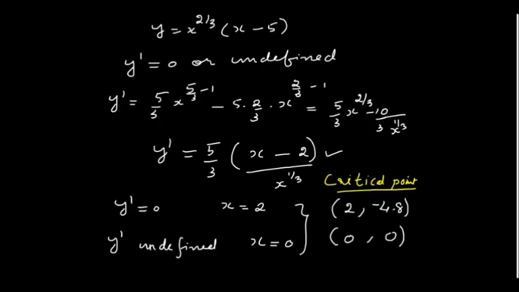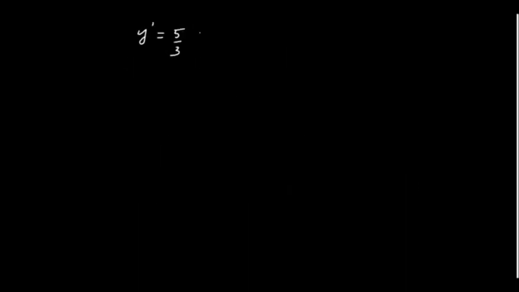The first derivative is y dash equal to 5 by 3 (x minus 2) divided by x raised to 1 by 3, which I rewrite as 5 by 3 x raised to minus 1 by 3 into (x minus 2).